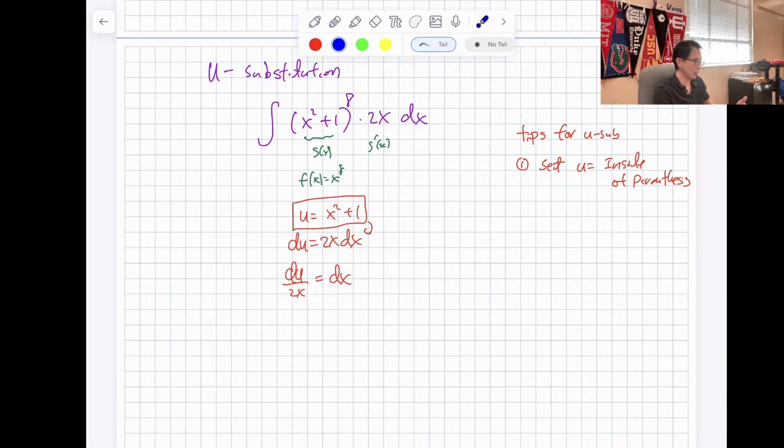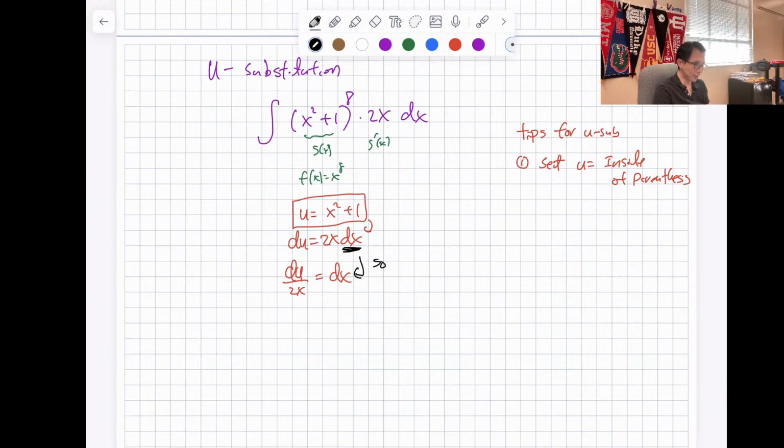Is that okay? And the derivative of x squared is 2x. But if we take a differential, then it has to be dx right afterwards. So don't forget the dx part. And not only that, you want to solve for dx. Solve for dx, and it's going to be du over 2x.